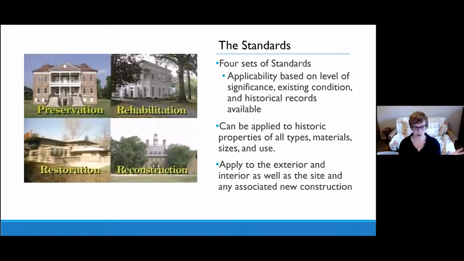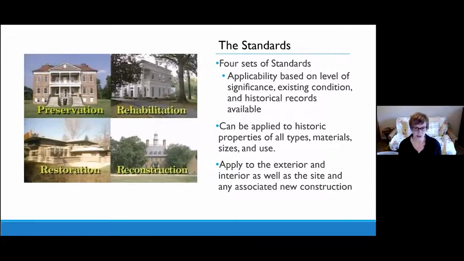Restoration: you see in the image an example of a Frank Lloyd Wright building. Again, something with a very high level of significance. If it had a lot of alterations over the years, because it's the work of a real master architect, it could be appropriate to take it back and restore it to its original condition after Wright built it.